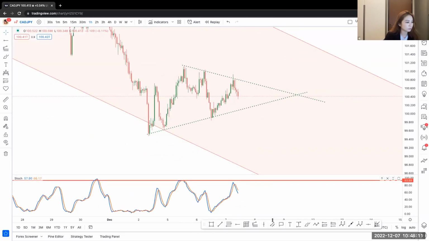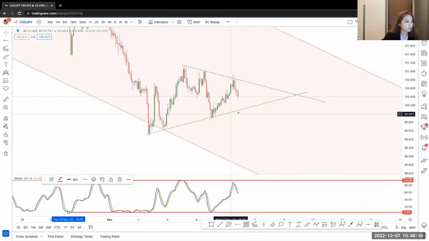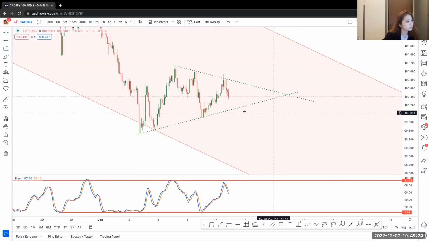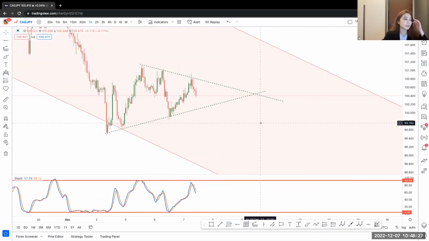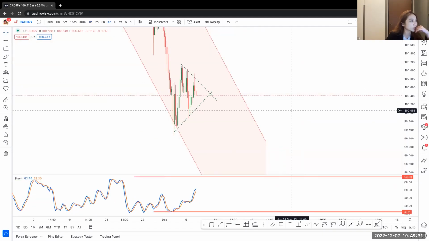Looks like it's more of a downfall for the short term, and it has stopped a bounce up over here. CAD yen is pretty odd. Let's look at H4 instead.